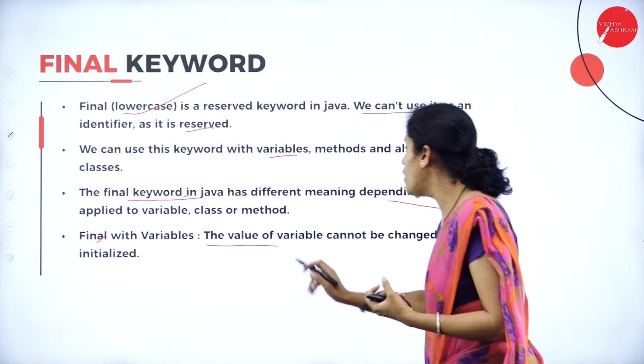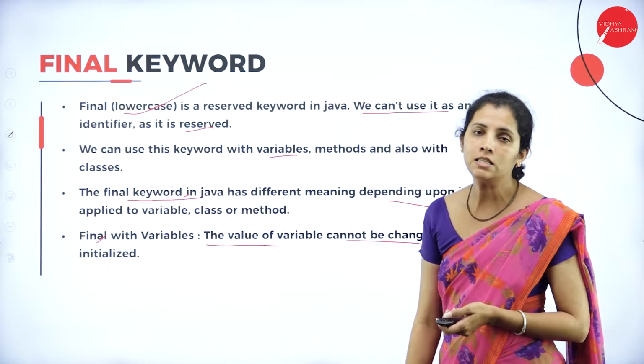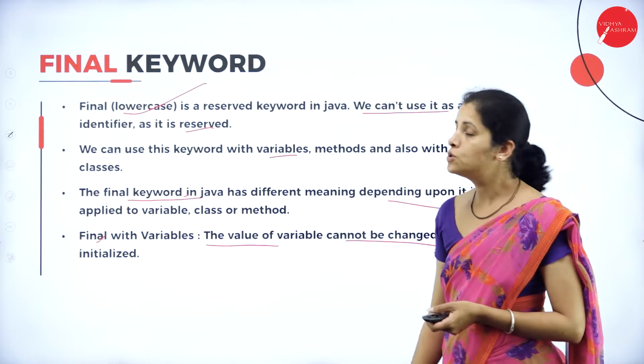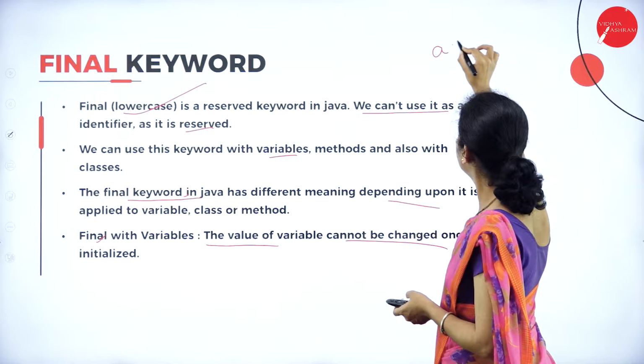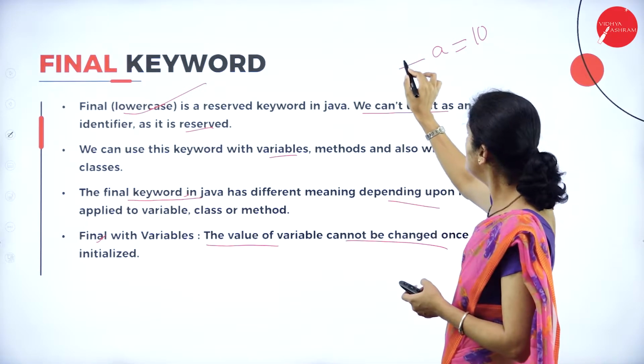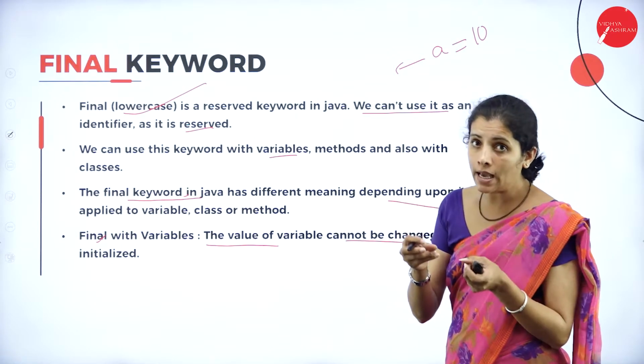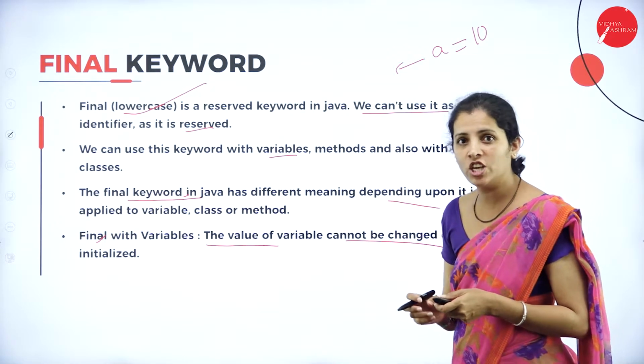So the value of the variable cannot be changed once it is initialized. For example, if I have written a equal to 10 and it is final, then the value which I assign cannot be changed.